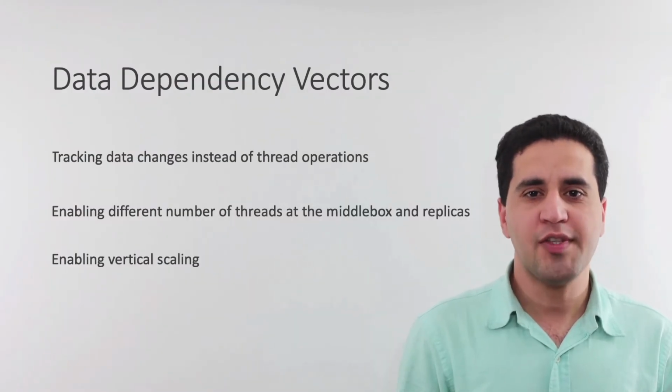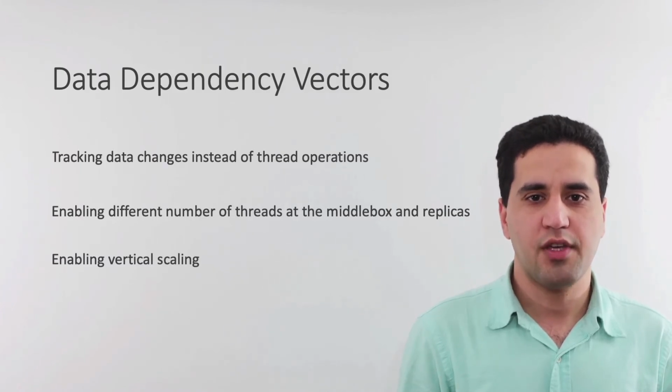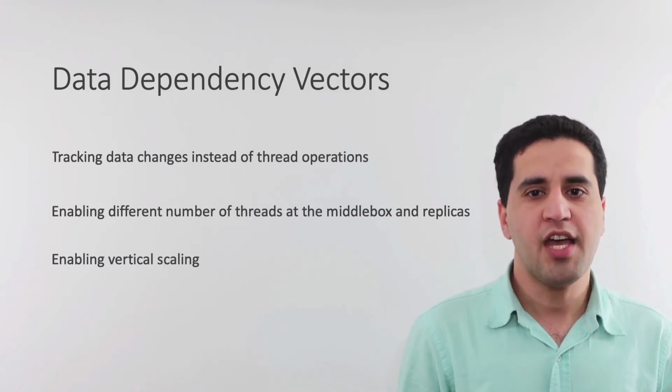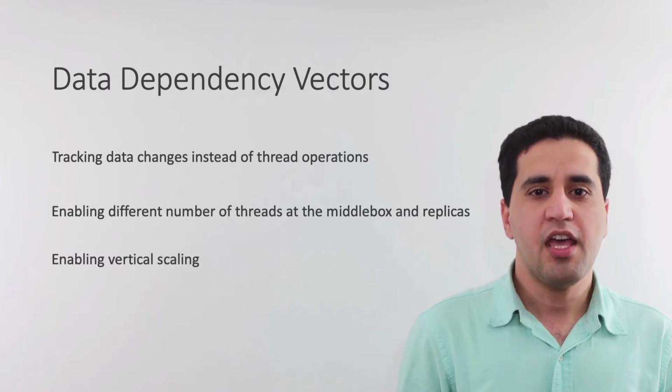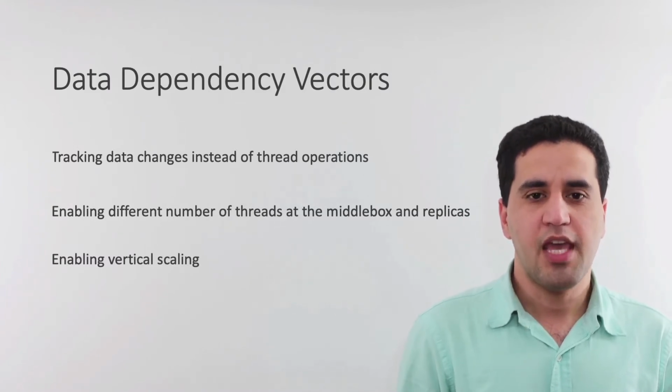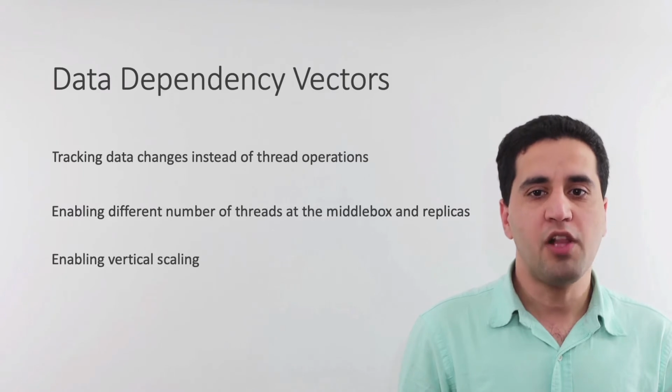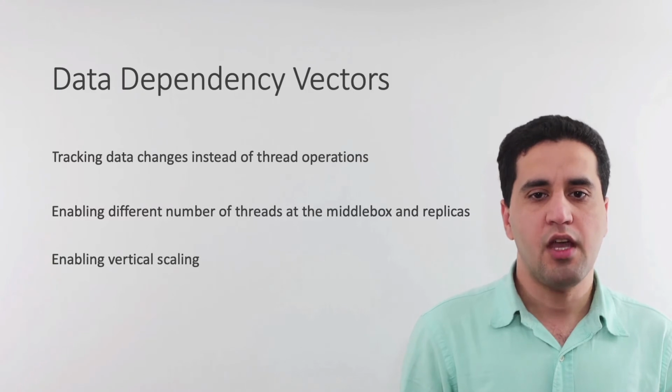FTC also introduces data dependency vectors to capture the partial order of transactions. Compared to conventional approaches that track the operation of threads, FTC tracks data changes. FTC divides the state into multiple partitions and uses a vector of sequence numbers to track the state partition changes. This allows a middlebox and its replica to have a different number of threads, while the state replication remains consistent.